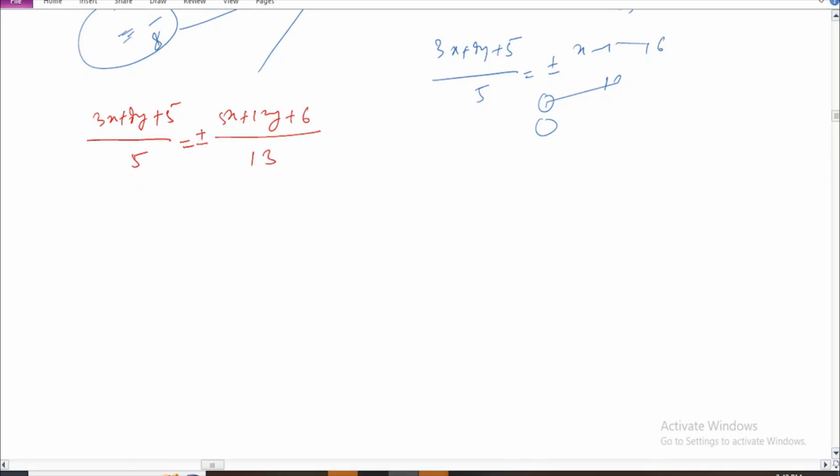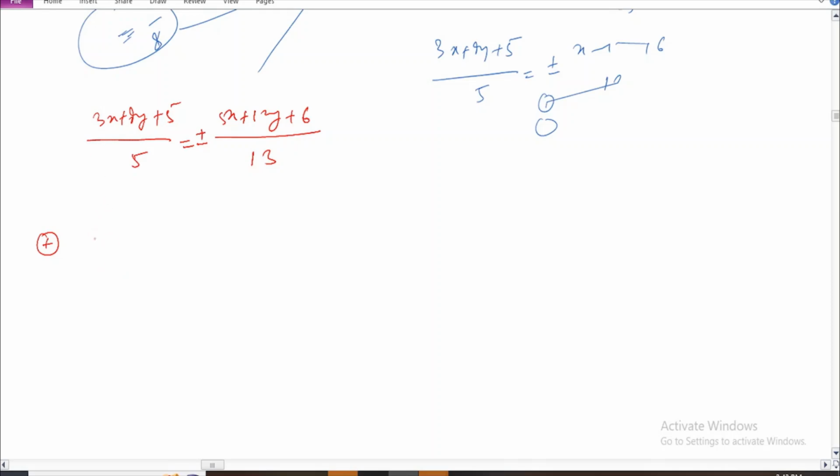Here plus minus. If you are taking the plus sign, correspondingly you will get a line. And talking about the bisector, obtuse or acute, right? So how will we decide? First, look at the signs.